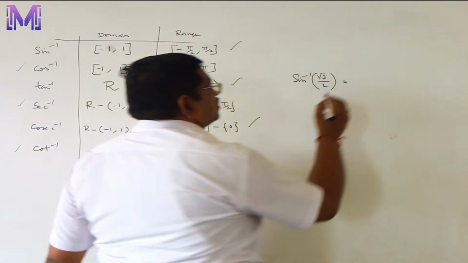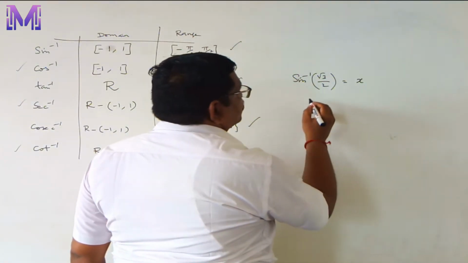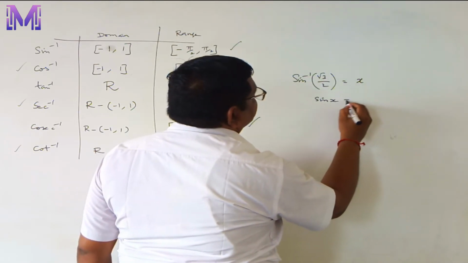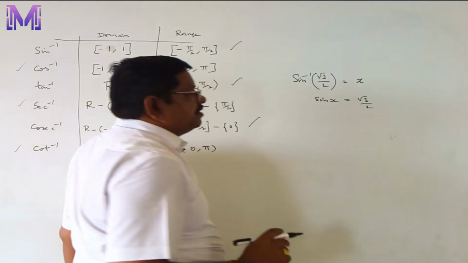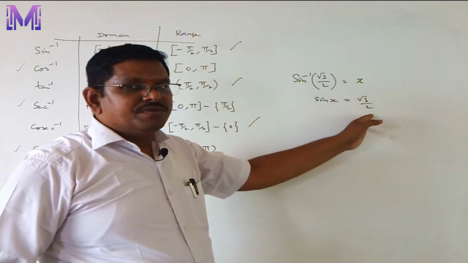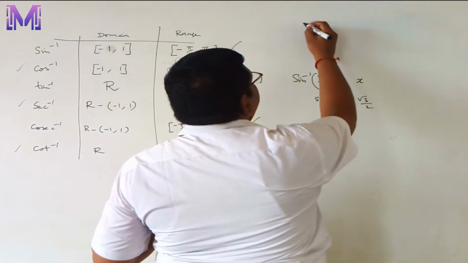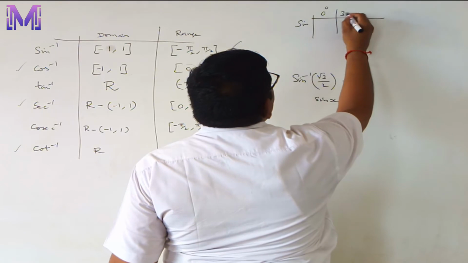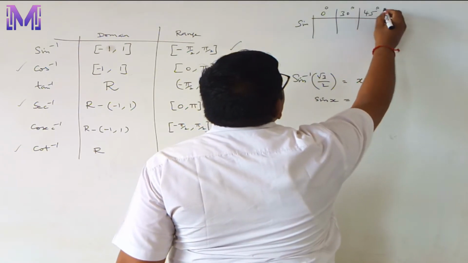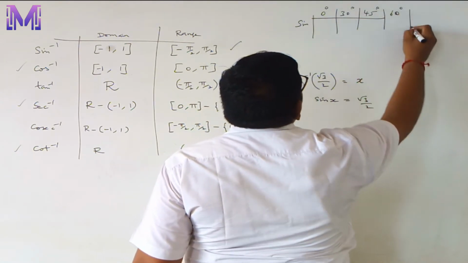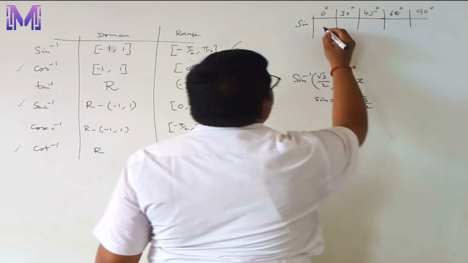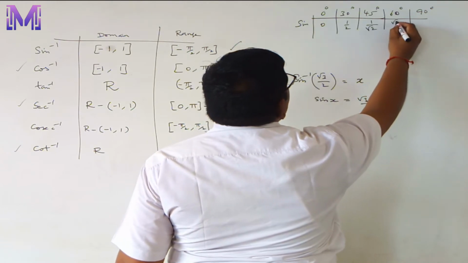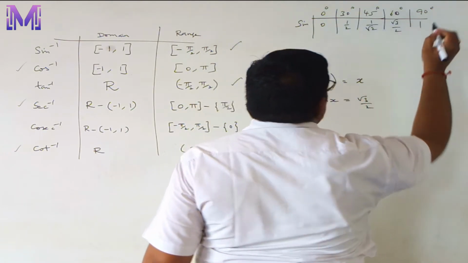It is very simple. Take this as some x. So we take sine inverse to the other side, and you will get sine x is equal to root 3 by 2. What is root 3 by 2 first? When we take the sine function at 0, 30, 45, 60 and 90 degrees, you get the values 0, 1 by 2, 1 by root 2, root 3 by 2 and 1.